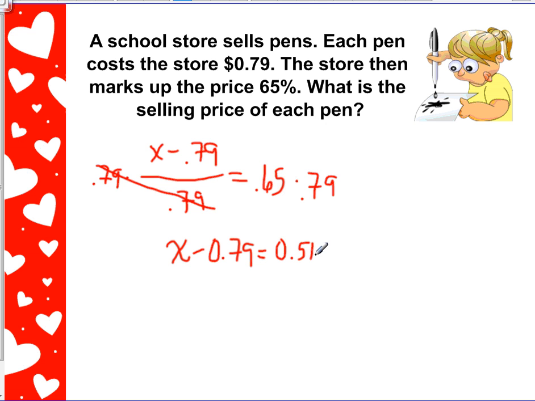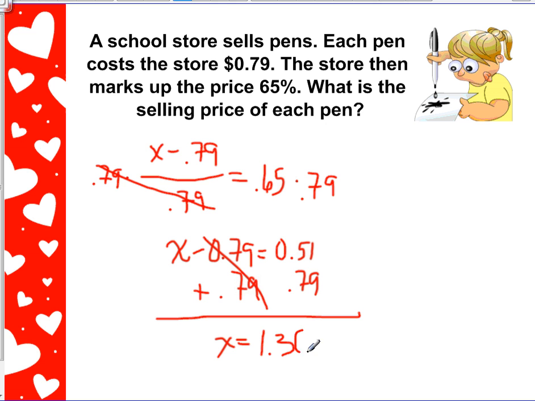It's actually 0.5135, but I'm just going to round it to 0.51, since we're working with money, and money is only to two places. Okay, so now we need to add 0.79 to both sides in order to solve for x. This should all be familiar to you since we've been working on equations all year long. These go away, and x is going to equal 1.30, which in this case is $1.30. So what is the selling price of each pen?